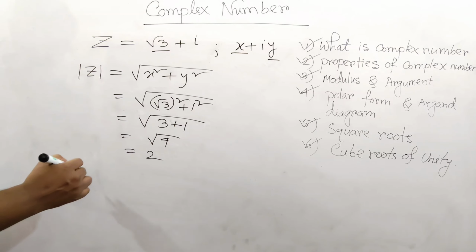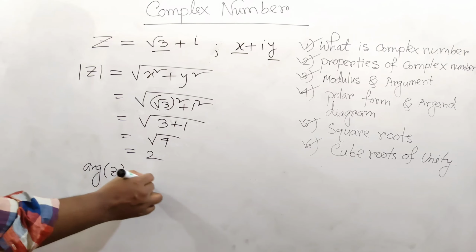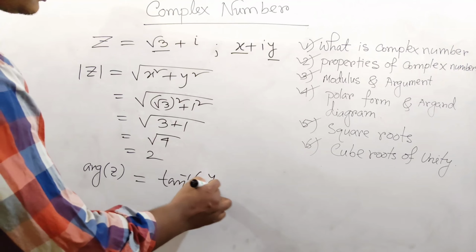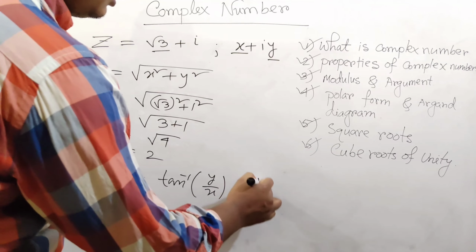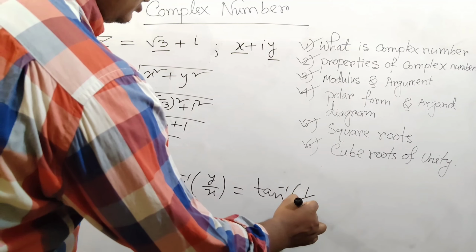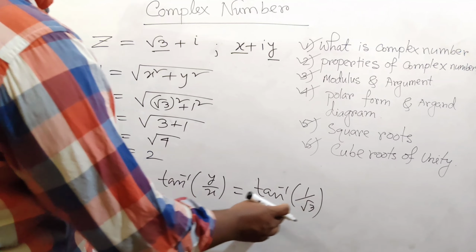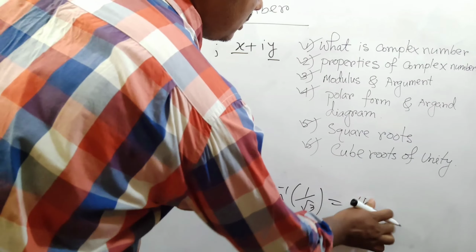Now what is the argument? Okay, so argument z equal tan inverse y over x. So here value of y is 1, so tan inverse 1 over x, and x is root 3, so 1 over root 3. So if you use your calculator, then you can find the value of this.